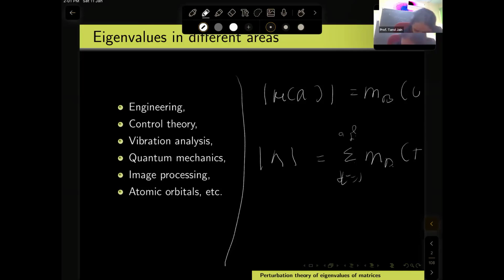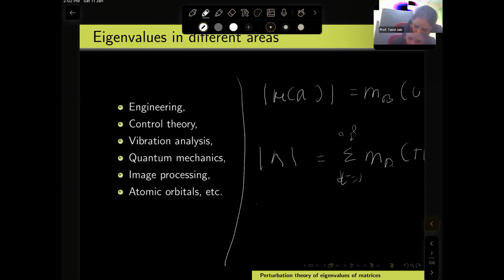So is it clear? MA of I_j, which is I_j is J_j epsilon.